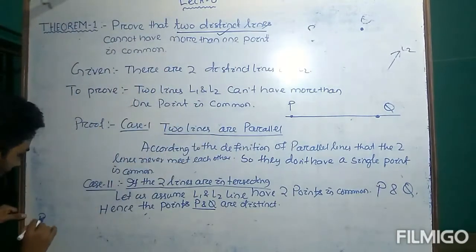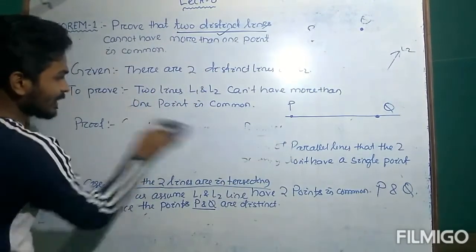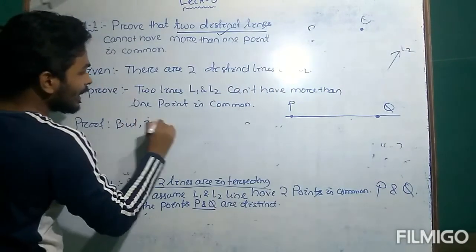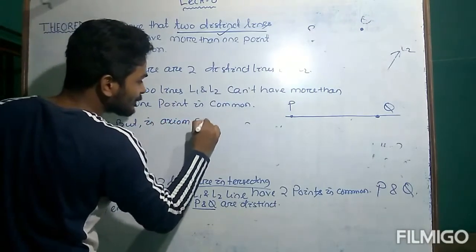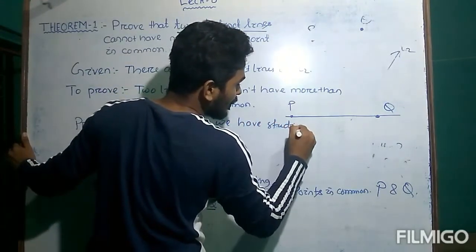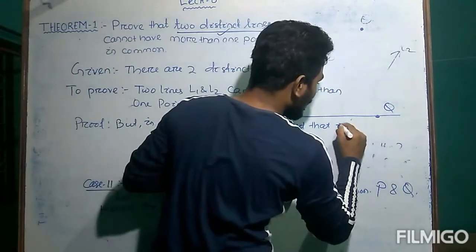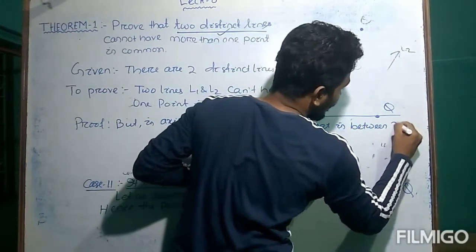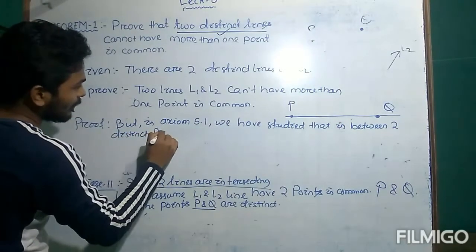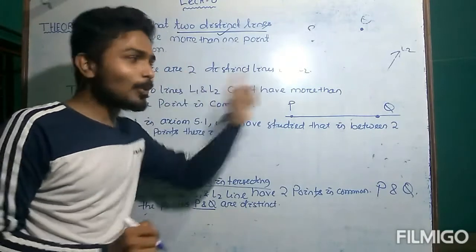So write it: in axiom 5.1 we have studied that in between two distinct points there is one and only one straight line.